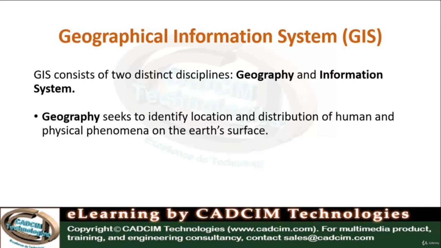Now let's say in order to study a particular location on the Earth's surface, we need to find out the coordinates, that is the latitude and longitude of a particular location. So basically geography identifies the location and the distribution of human and physical phenomena on the Earth's surface.